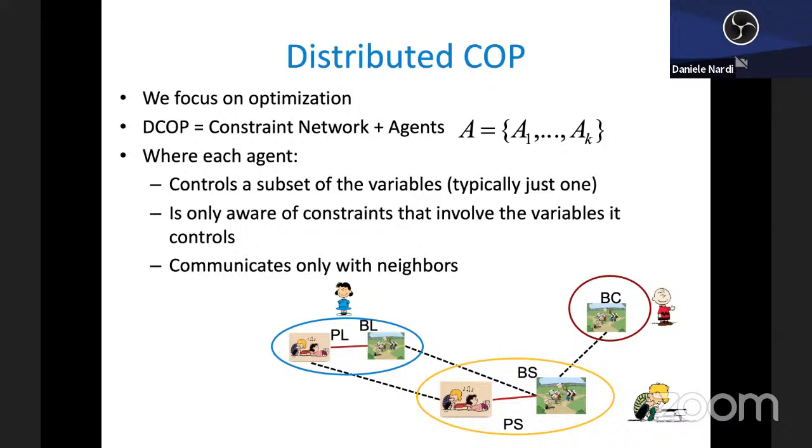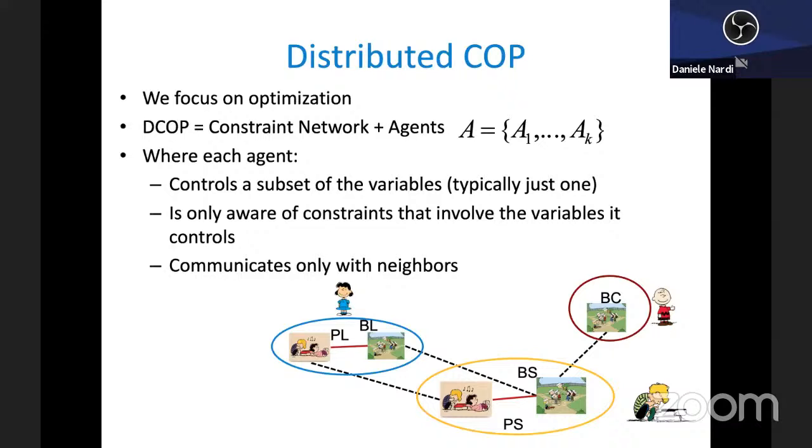In all the examples we will make, it's just one variable associated with one agent. This is one of the simplifications that are typically done for making the description of the solution simpler, but in fact it is generalizable.